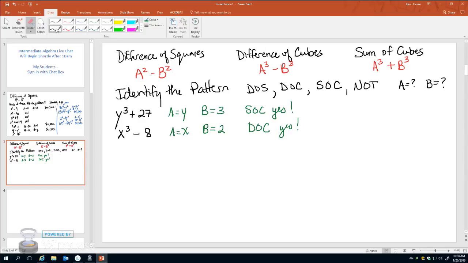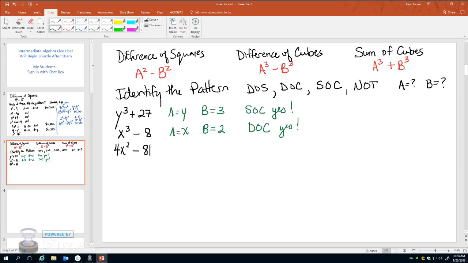The next one we're going to look at is 4x squared minus 36. Oh, actually, let me change that one. I don't like that one for a reason that will be clearer later. Let's do 4x squared minus 81.